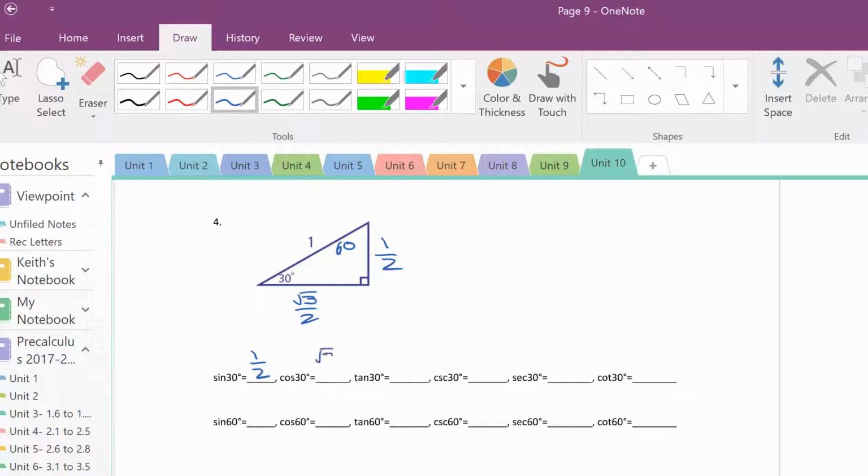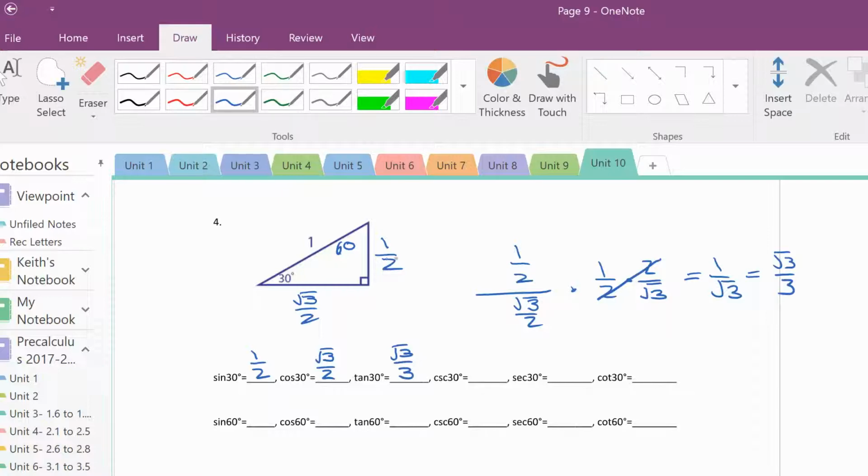Cosine 30 would be rad 3 over 2. Tangent 30 would be 1/2 over rad 3 over 2. So 1/2 times 2 over rad 3. The 2's cancel out. And when you rationalize, you get rad 3 over 3.